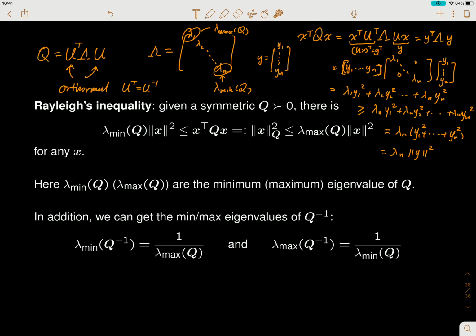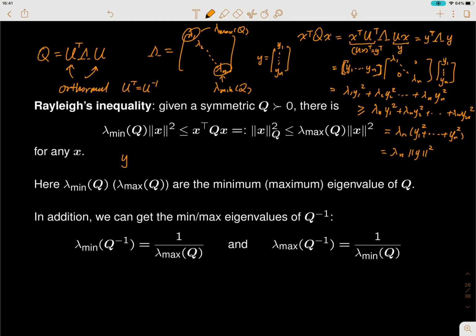But these two are actually the same because of the property of the orthonormal matrix U. Recall that I call Ux to be y, and U is an orthonormal matrix, meaning it's just a rotation or reflection. So it doesn't scale x, and the length of x stays the same.